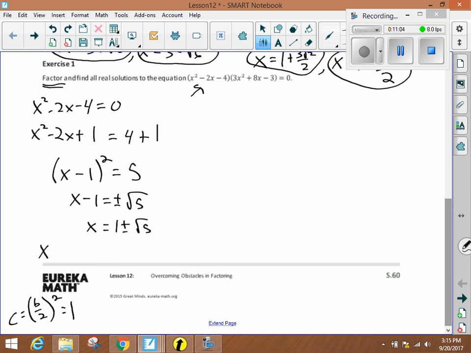And now my two solutions are going to be x equals 1 plus the square root of 5. And x equals 1 minus the square root of 5. Yes! Alright, so now I found all of my zeros for my first little term in the parentheses.